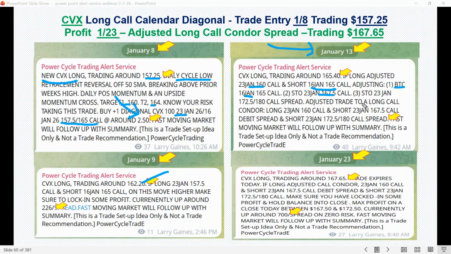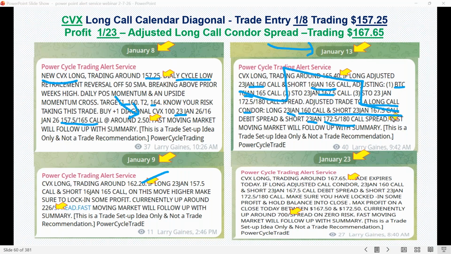So we adjusted this trade into a long call condor, where now we're going to be long the 23 Jan 160 call, short that 23 Jan 167.5 call, and then short against that the 23 Jan 172/180.